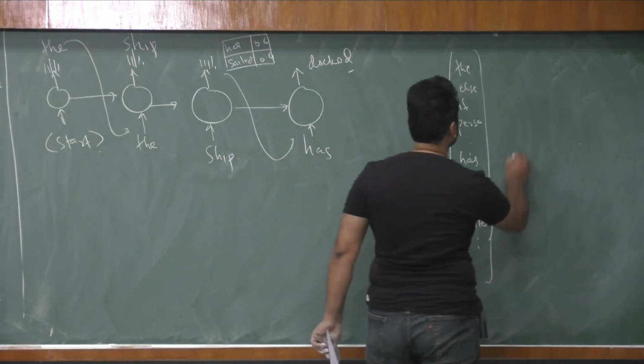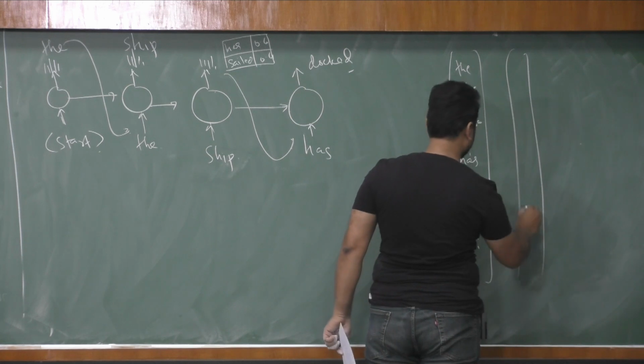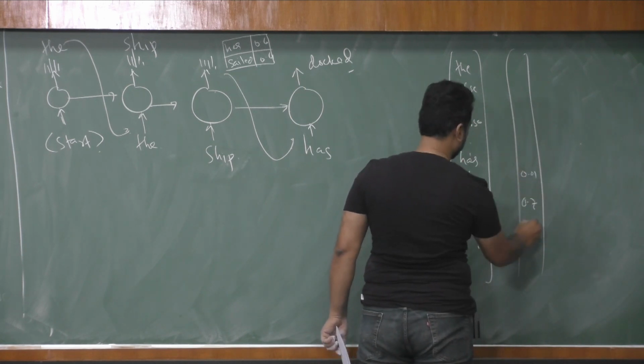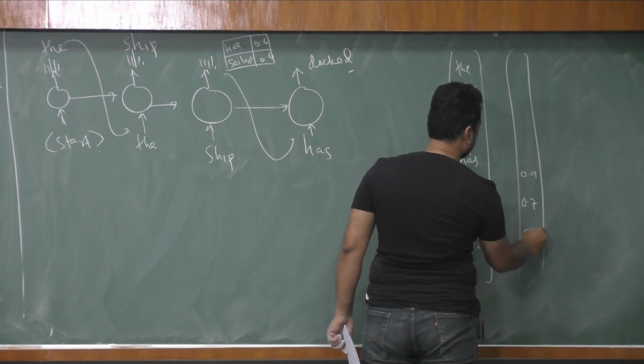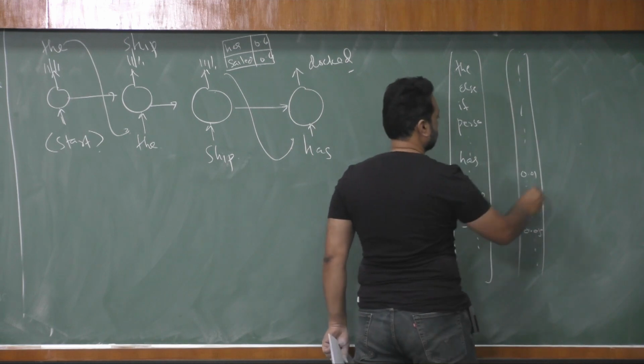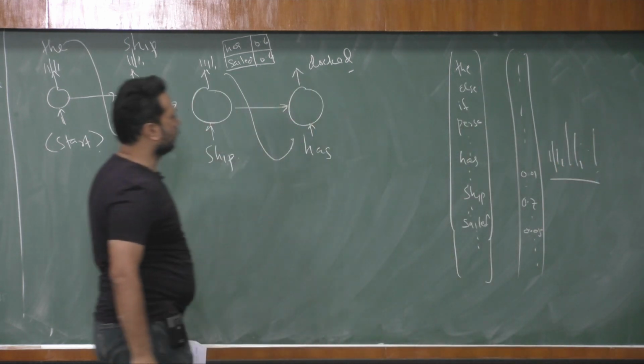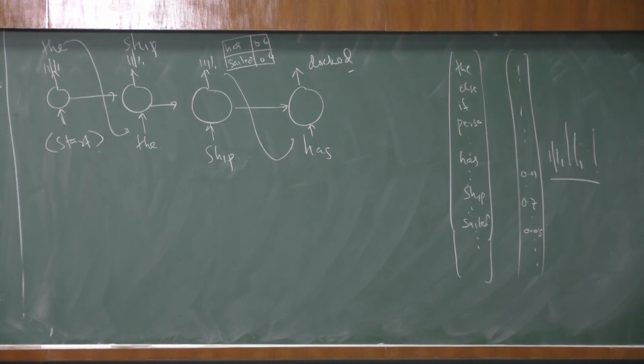So it will produce a vector of probability distribution, and here it may say that "ship" has 0.7, and others have 0.01, 0.05, and so on. This is how we see the probability distribution, and from there we look at it and see that 0.7 is the highest, and that corresponds to the word "ship". So I'm going to select "ship".